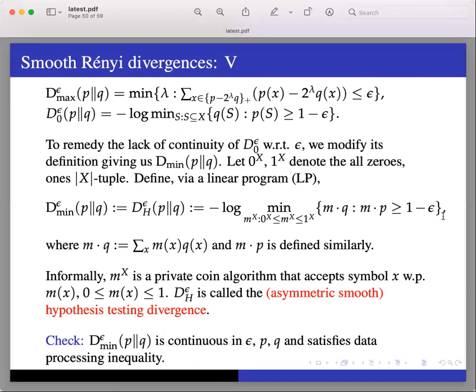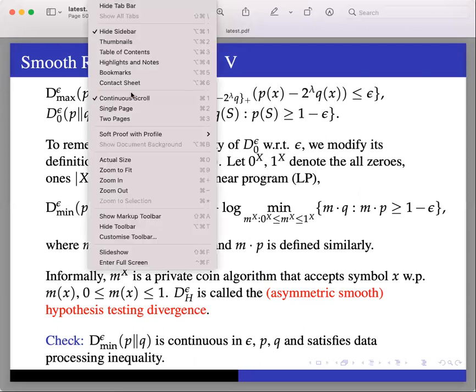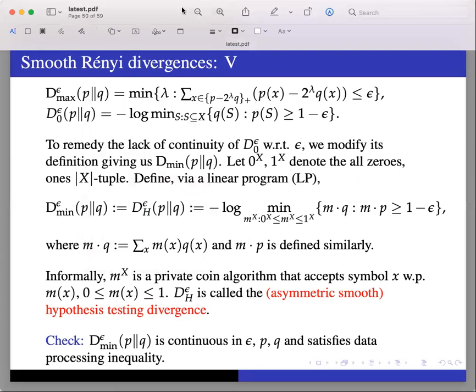So it may not be feasible with respect to the first case, but the point is that epsilon prime is close to epsilon. So let us say M prime is feasible with respect to epsilon prime. So let me write this.